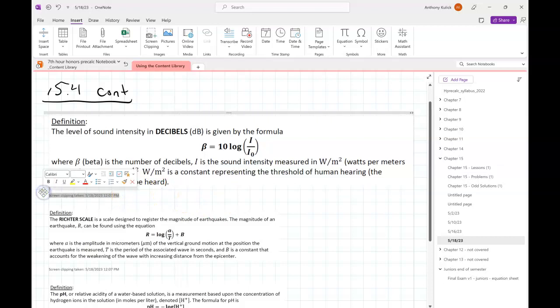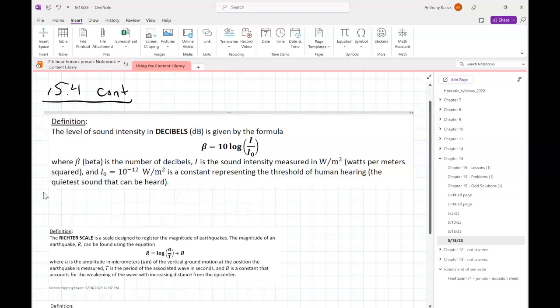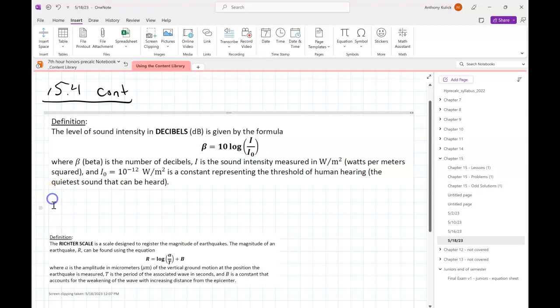So there's going to be 4 situations that we're going to look at. The first one is the sound intensity, which we measure in decibels. You've probably heard that term before, whether they're talking about how loud a football stadium is or a rock concert. That's the measurement we typically use for how loud something is.